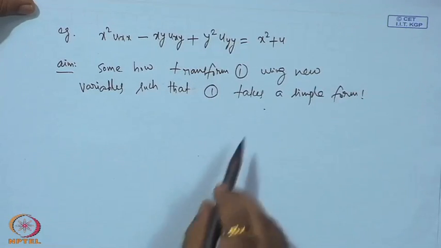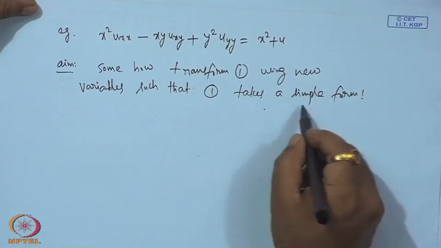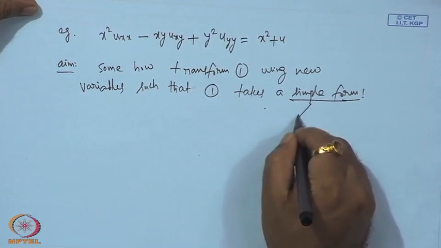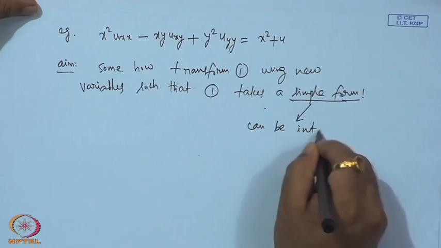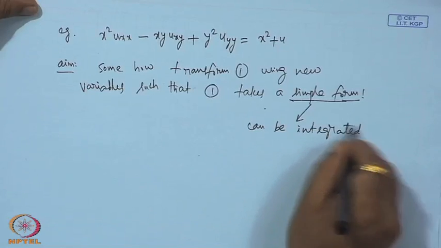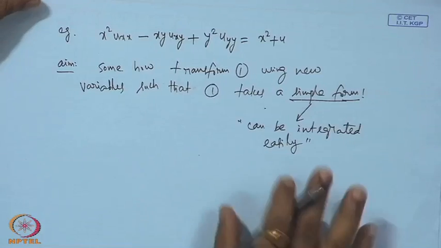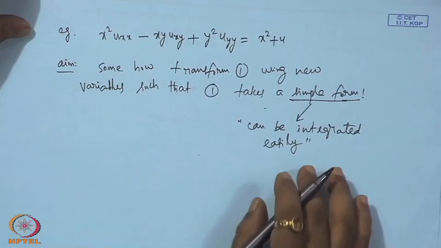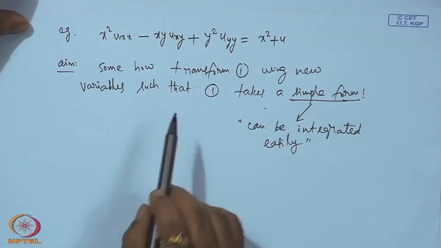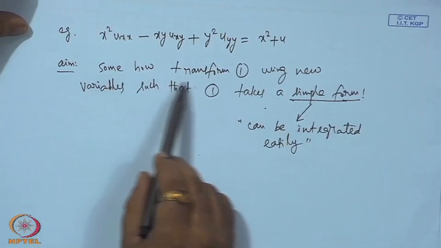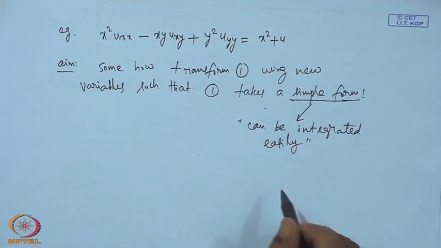What could be the simple form? A simple form such that this can be integrated easily. I mean, this is in a crude sense. How do we do it? What is our aim? Somehow transform one using new variables such that one takes a simple form.